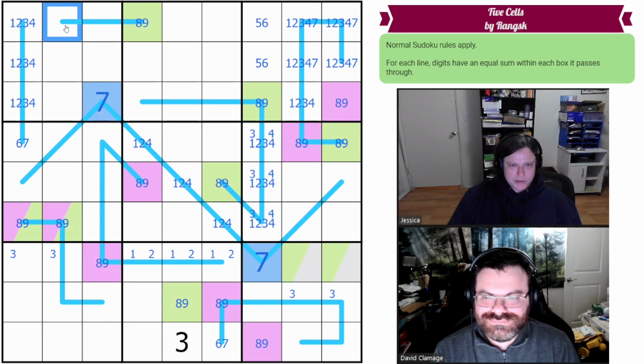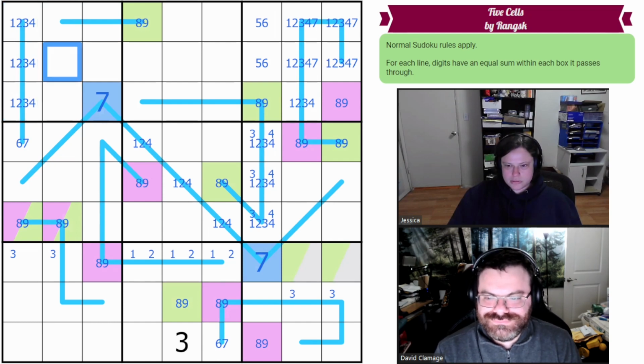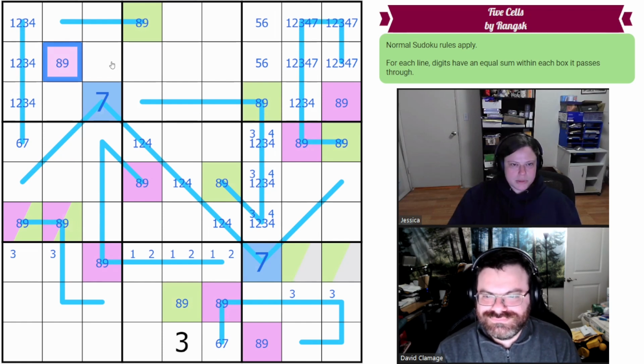This can't be purple because it can't be 8 plus 1 because there has to be a 1 here. Right. So this is purple. Neat. And then green must be here because it certainly can't be on its own line in that case. Oh, that sorts these out. Oh, this is green.